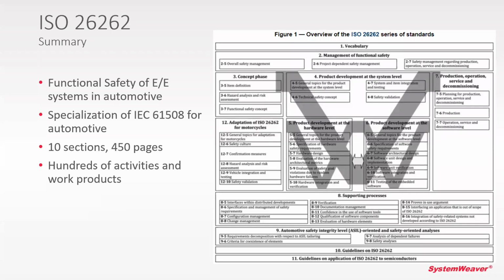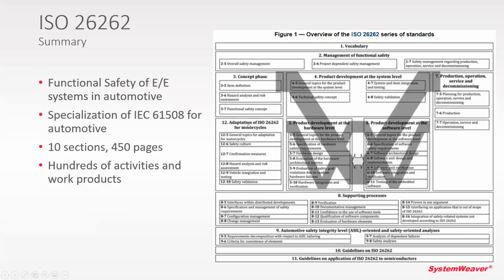So if we now look at ISO 26262, I guess most of you are already aware of this, it is a huge standard which more or less has an opinion about every aspect of development in the automotive industry.